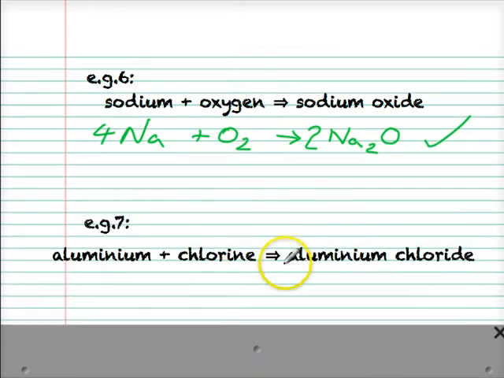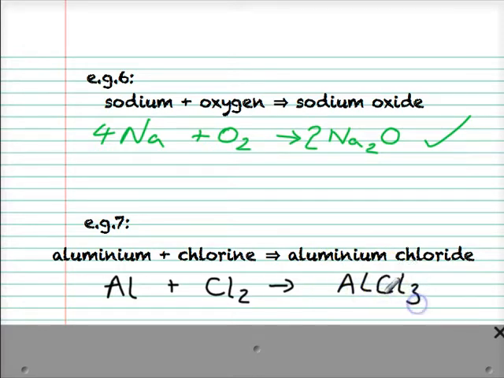Aluminium plus chlorine becomes aluminium chloride. So let's take a look at that one. Aluminium is Al plus chlorine, another diatomic gas, Cl2, becomes aluminium chloride, which is AlCl3.